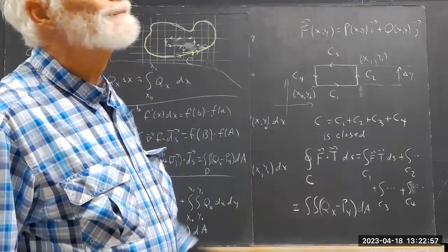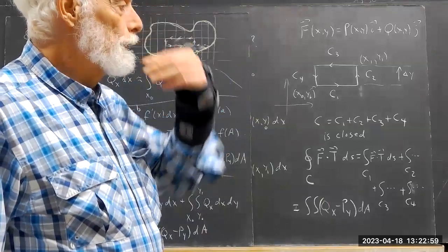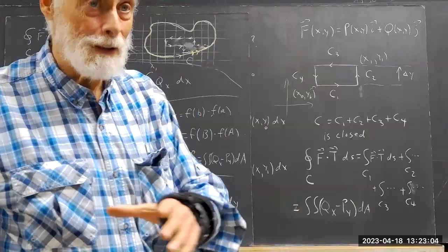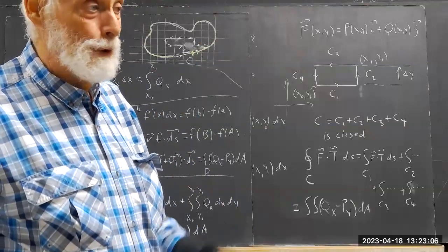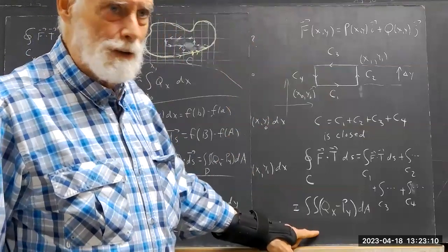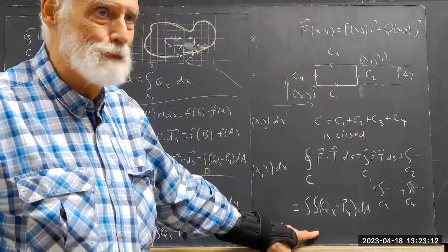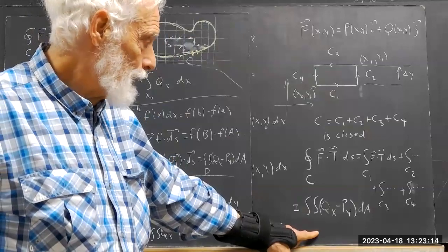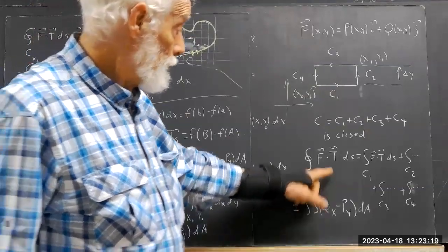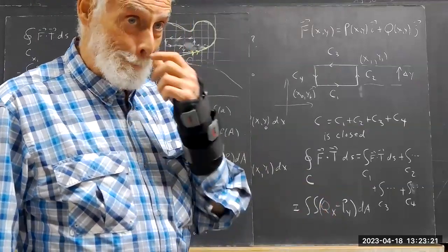I looked at the problem set in the text. I expect that you're going to see a number of problems where one of these integrals is easier to do than the other.